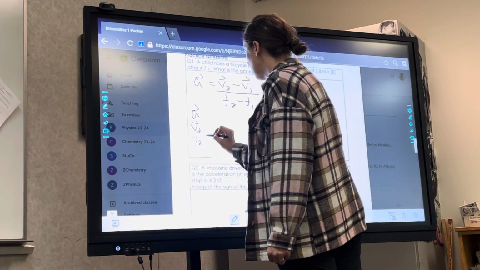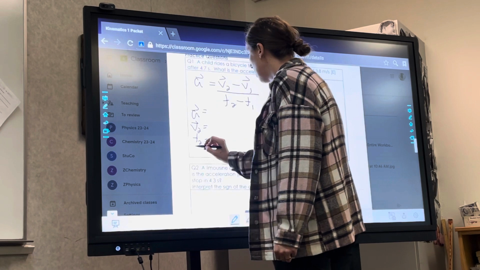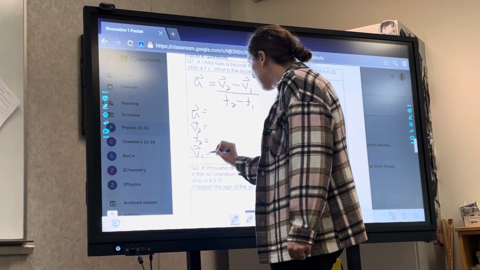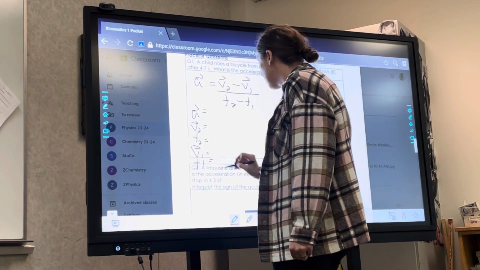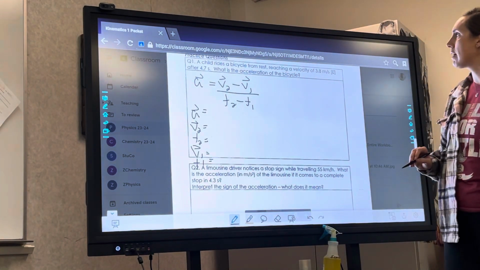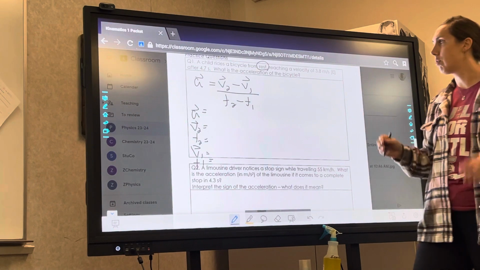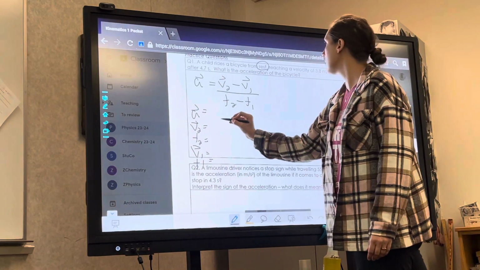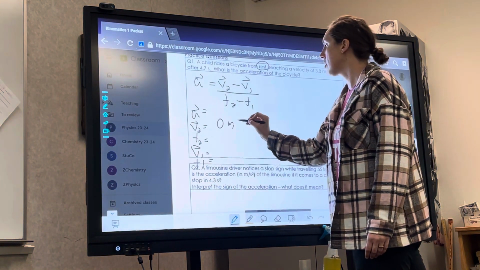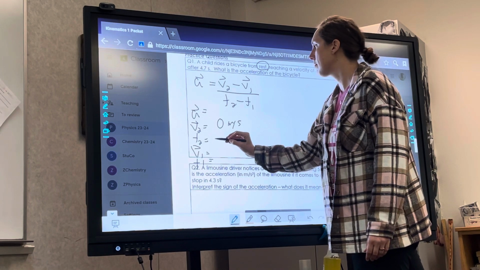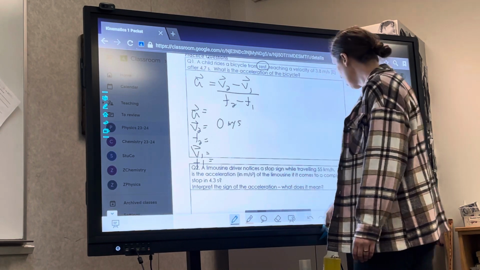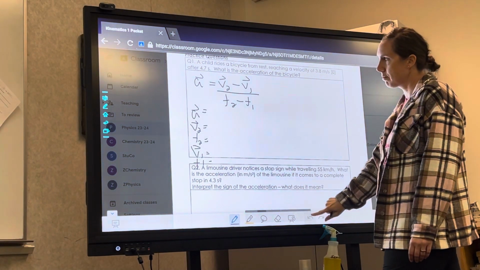T2, V1, T1. Okay, a child rides a bicycle from rest. What did we just say about rest was? 0. When you're at rest, your velocity is 0 meters per second, and your time. Oh, y'all, sorry, I did it backwards.